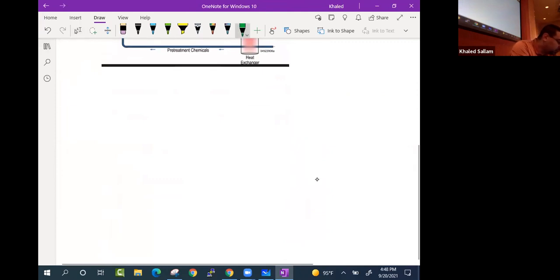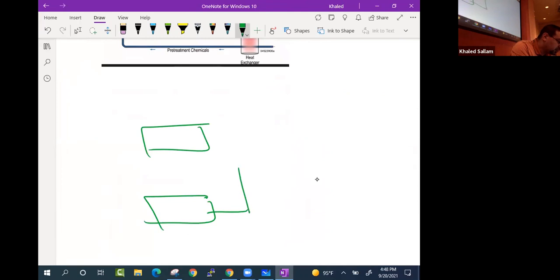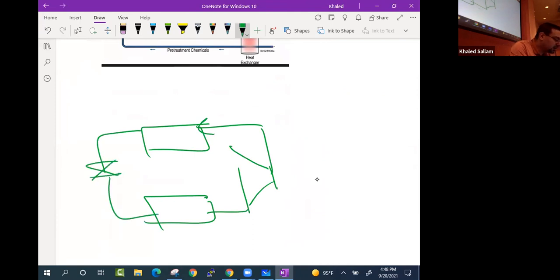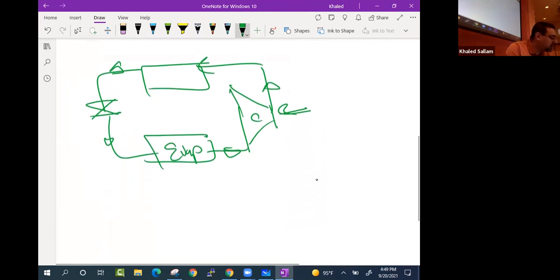So that cooling coil will be part of a refrigeration cycle like this, where this is a compressor, condenser, expansion chamber, and the evaporator. That evaporator is our cooling coil.